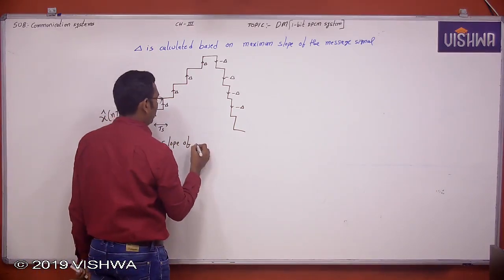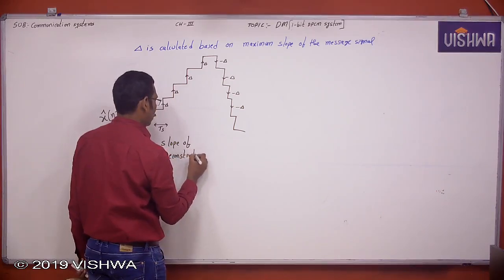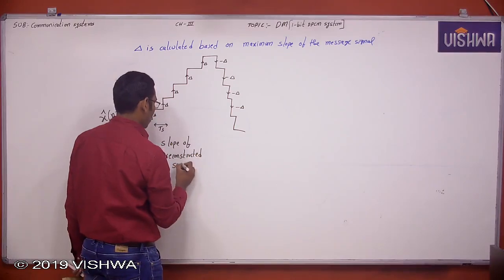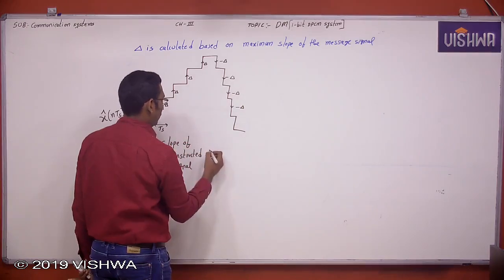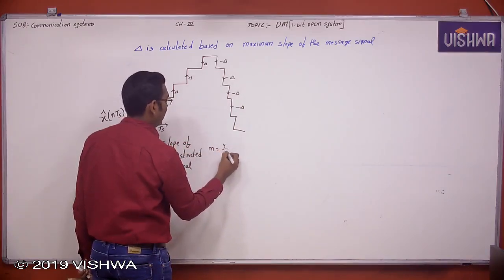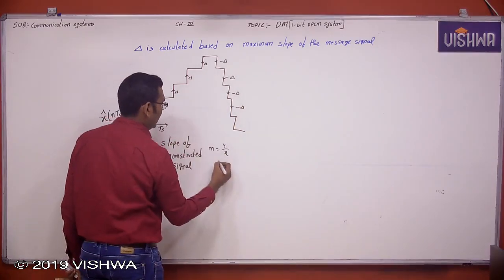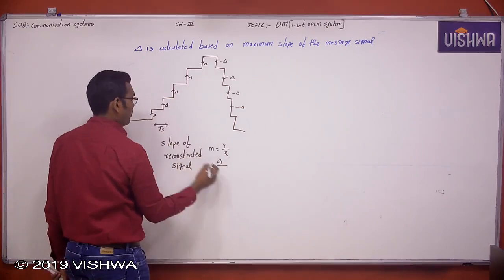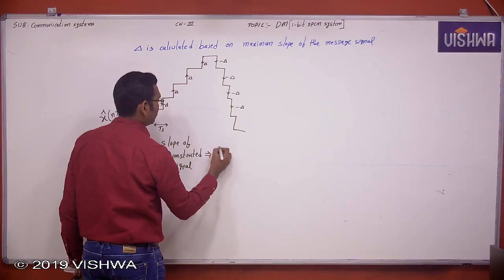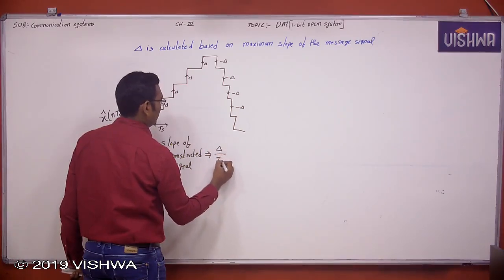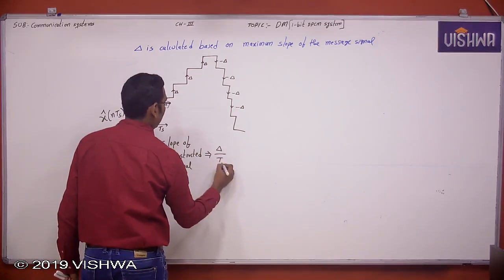The slope m is equal to y by x. So what is the slope here? Y is decrementing or incrementing delta, and x is over a duration of Ts seconds. Now the slope of the reconstructed signal is delta by Ts.